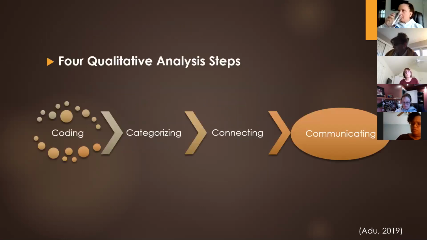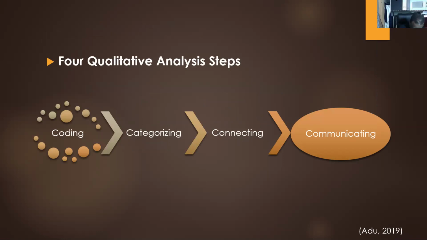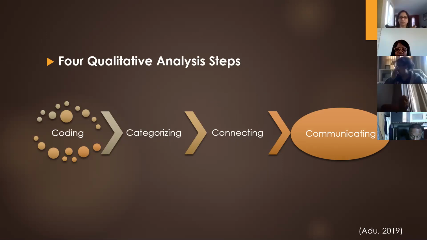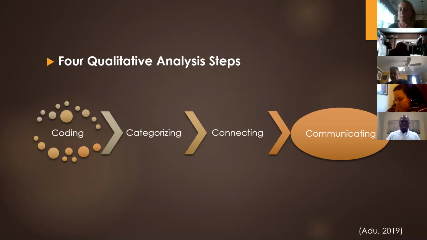You sometimes can develop a theory based on the data that you have and also the research question that you want to address. So there are, we can say, 4 stages in terms of data analysis. The first stage is coding. The second stage is categorizing. So you want to group the codes based on similarities and differences. And then based on that, you can develop themes.